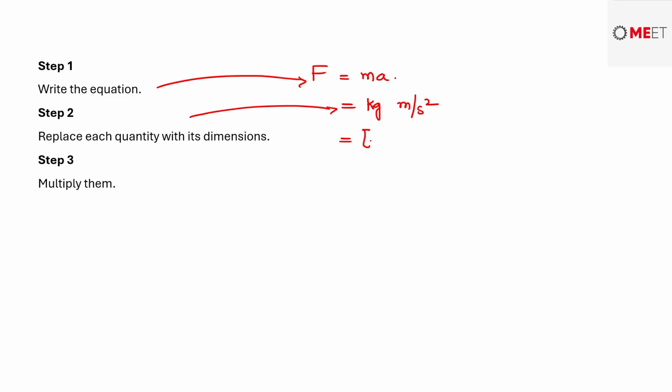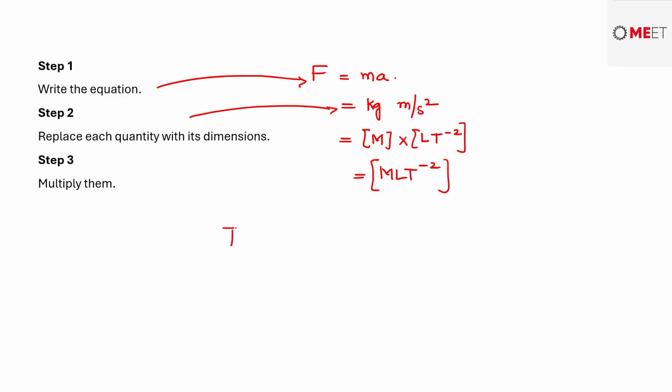So mass is M, and meter per second square is L into T power minus 2. So M L T power minus 2 is the dimensional formula of the force.